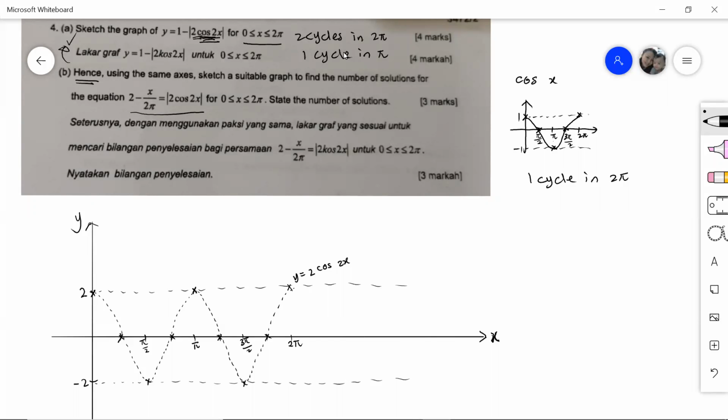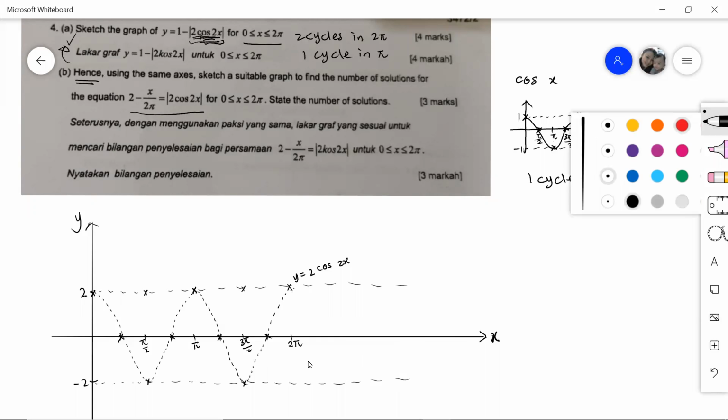Then after that, let's move outwards. You see the modulus here. So we start from cos x and then change to cos 2x, and then transformation changes our amplitude to 2. And now we are handling the modulus part. The modulus means whatever negative part will become positive. That means the negative portion at the bottom will be reflected upwards in the x-axis. So instead of -2, it becomes +2.